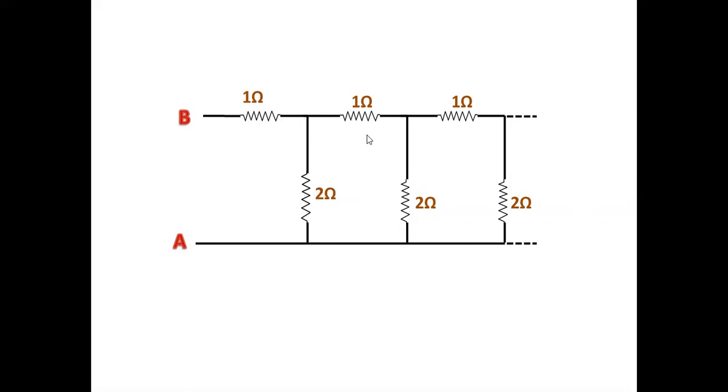Adding one more will not increase infinity, it is the same. So both should yield the same resistance here. That is the meaning of the problem.